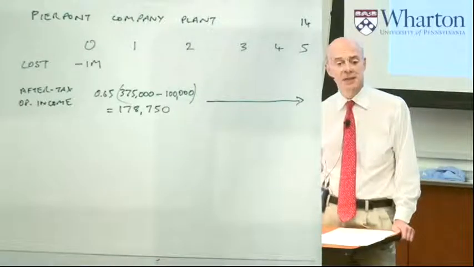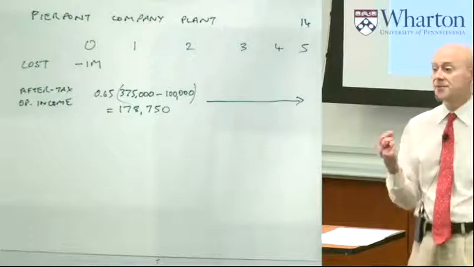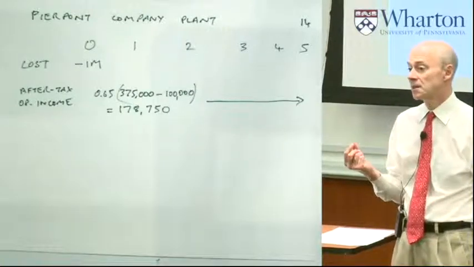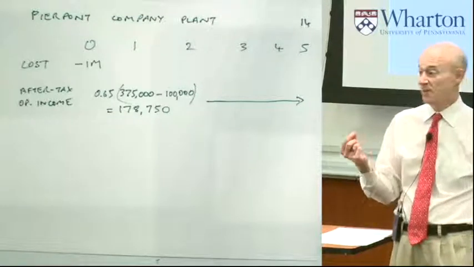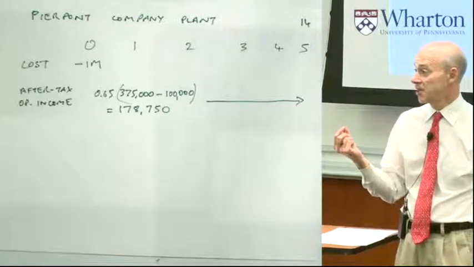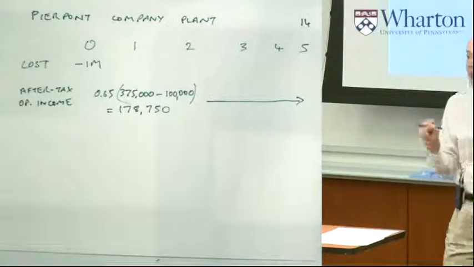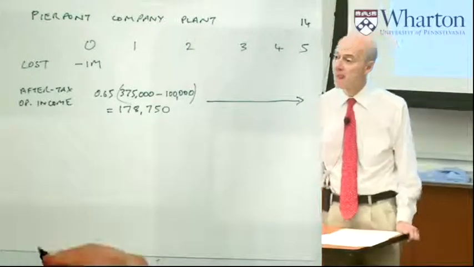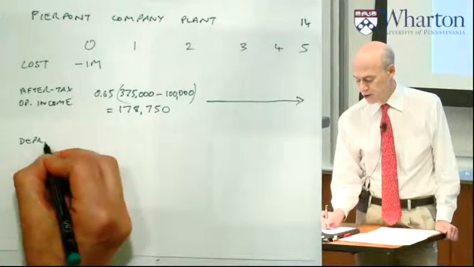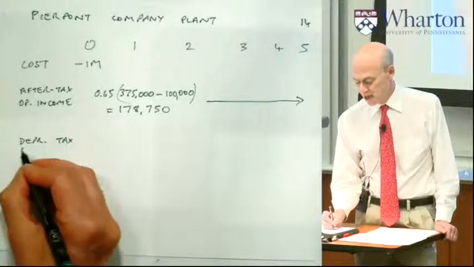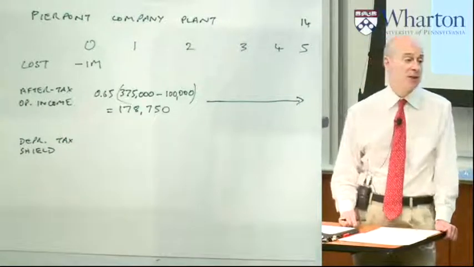What else do we have to take into account if we're working in terms of after-tax net operating income? The first method was to do what? So add in the effective depreciation tax shield. We're just going to take the depreciation tax shield and add the cash that generates. When's it going to generate it first?